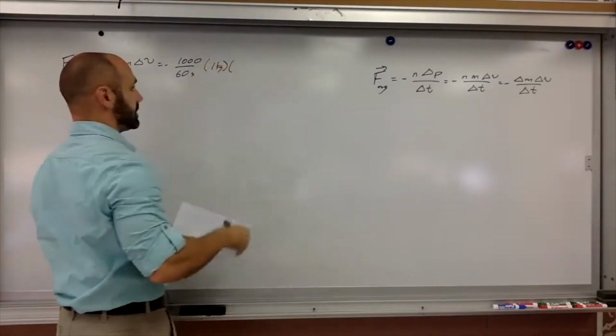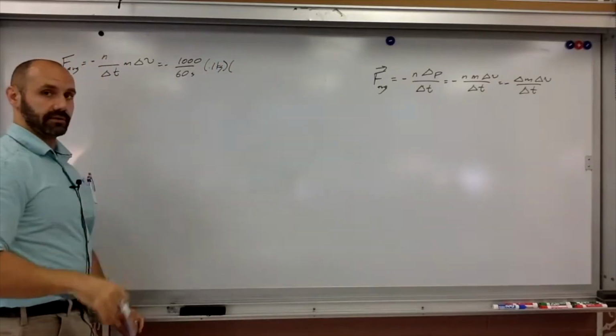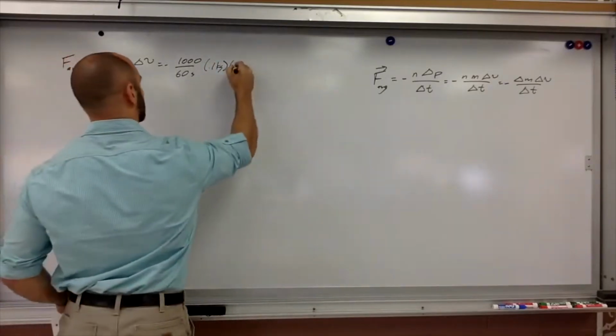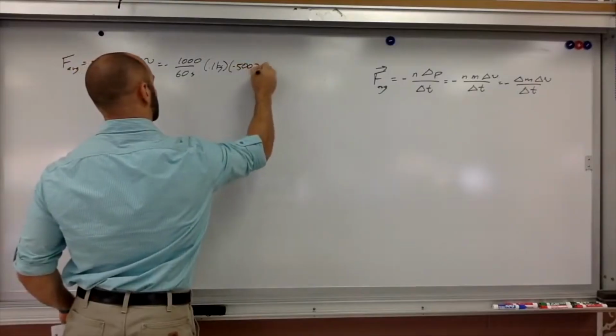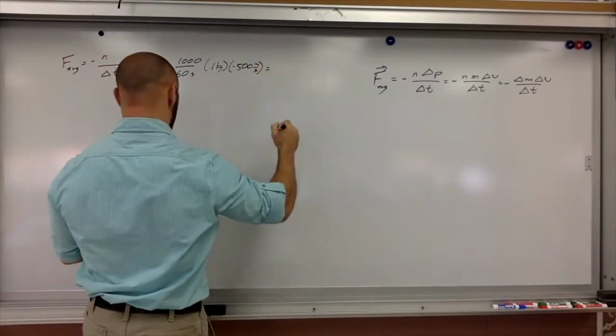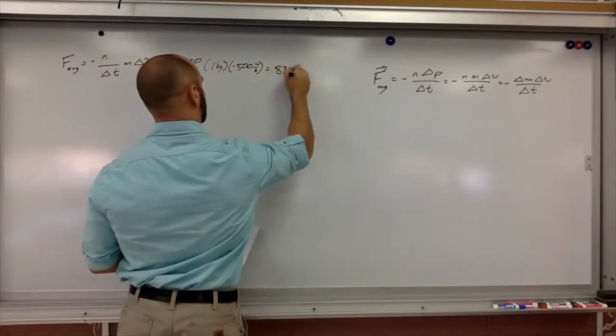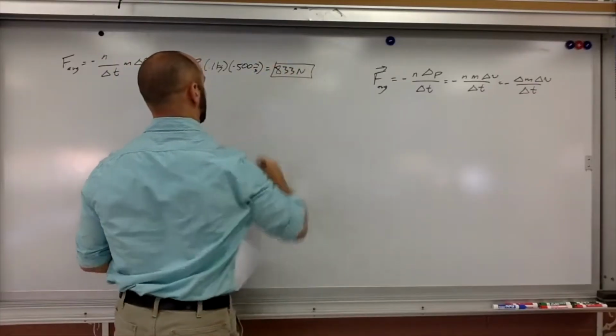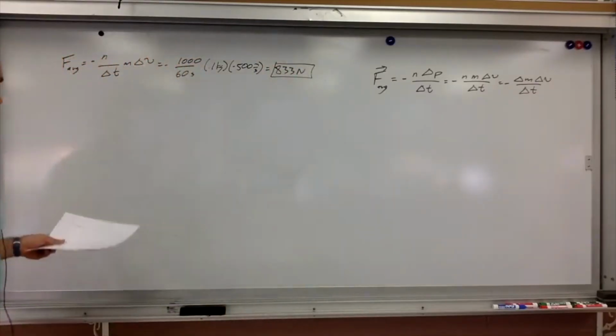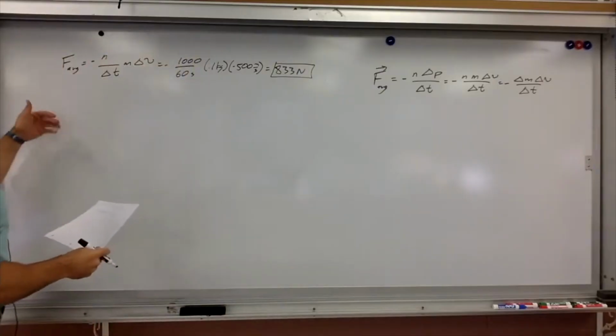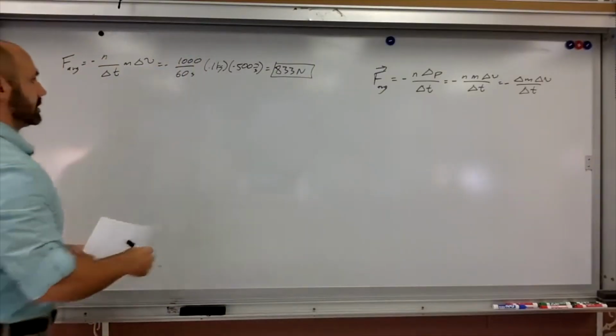And the change in velocity in this case is negative 500 meters per second. So this is going to be 833 newtons. That's it.